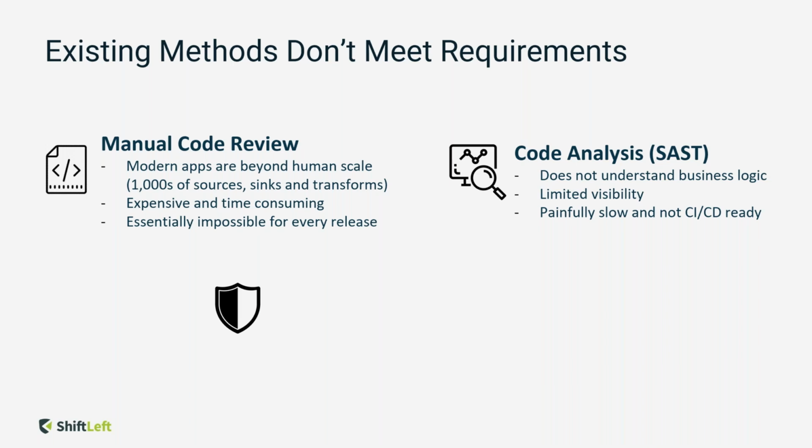And the fact that they take so long to complete, the point that I mentioned in the first option, manual code review, and also in the previous slide, you cannot integrate the solution into a CI/CD pipeline because it would just break your pipeline. It would make it slow. It just doesn't work in a modern CI/CD DevOps process.